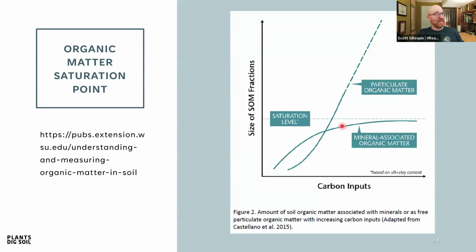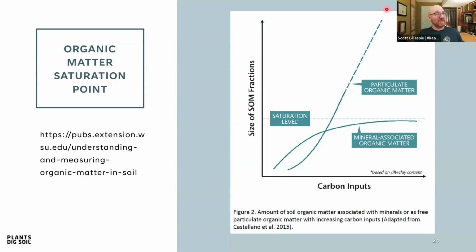Particulate organic matter is smaller stuff, and it's usually something that under a microscope you could still see what it was. Like it could still be a cell or a pollen grain or something like that. That can just keep going up. And I think a lot of the people that claim really massive organic matter changes in a short amount of time, that's what they're seeing, they're getting this particulate up.